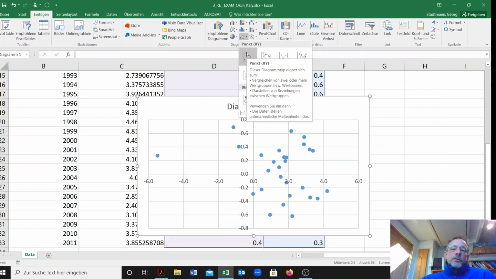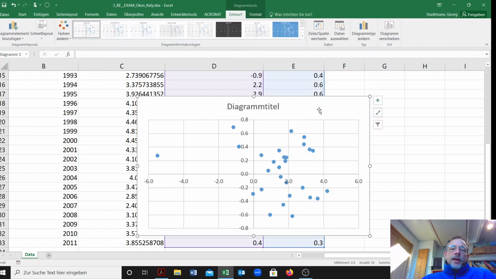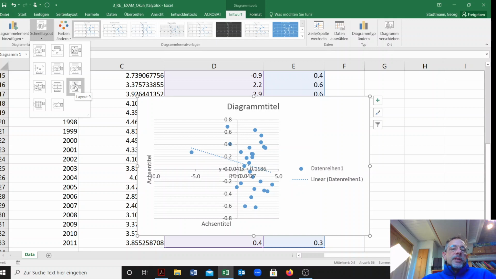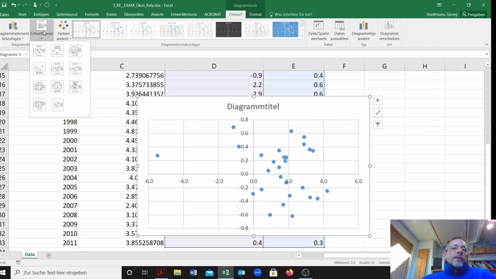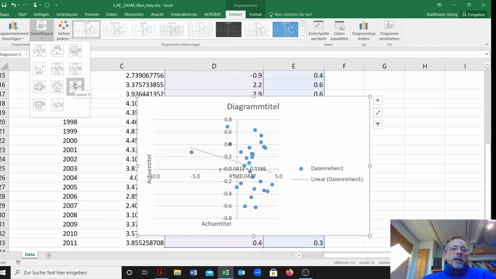We take the first one, and then we should include some labels for the horizontal axis, vertical axis. We should include a regression equation. So we take layout number 9 from this quick layout menu, third column, third row, and then everything is fine.